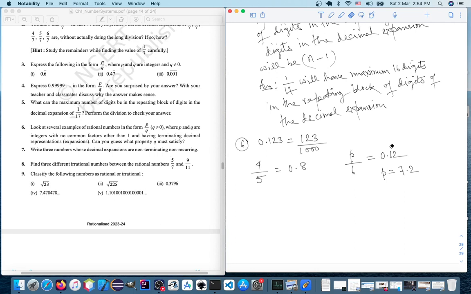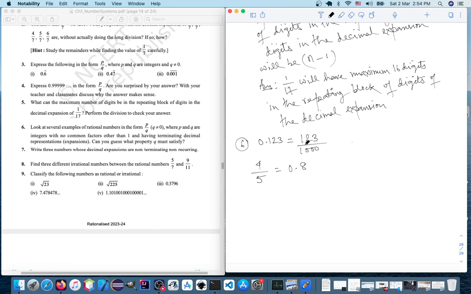The thing is, any terminating decimal will have some finite number of digits after the decimal.